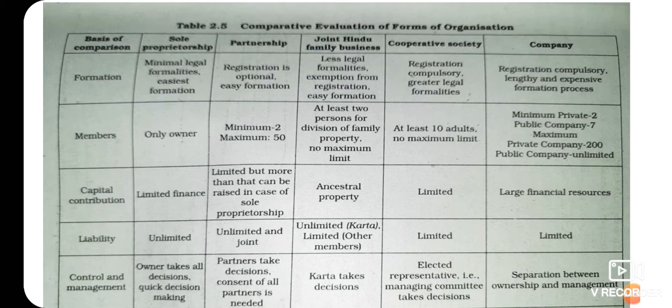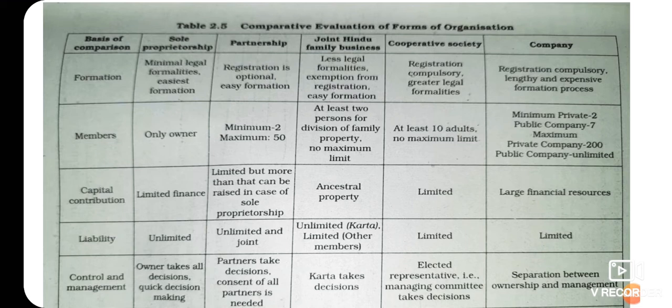Control and management. Sole proprietorship, owner takes all decisions, quick decision making. The owner is the one controlling the business, and therefore it is quick decision making. Partnership, partners take decisions with the consent of all the partners. Joint Hindu family business, the karta takes the decision. Cooperative society, elected representatives, the managing committee, take the decision.